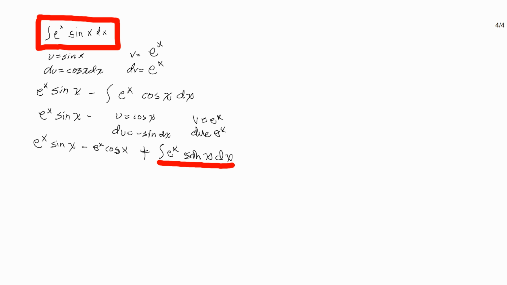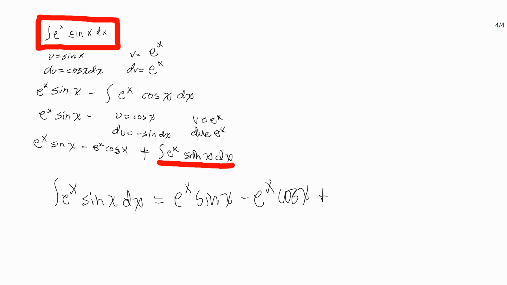Since this is what we're trying to get, I can say the integral of e to the x sine of x dx is equal to this: e to the x sine of x minus e to the x cosine of x plus the integral of e to the x sine of x dx.